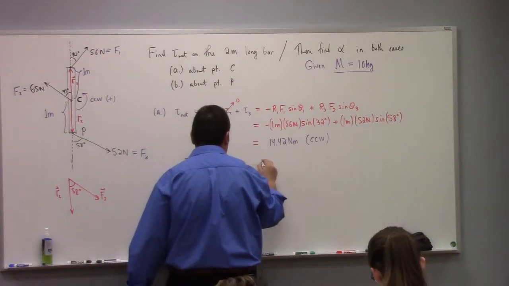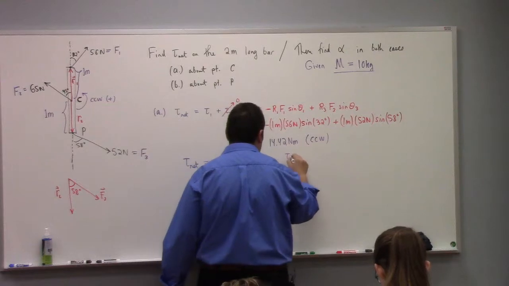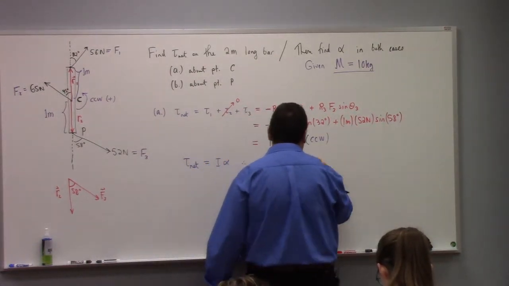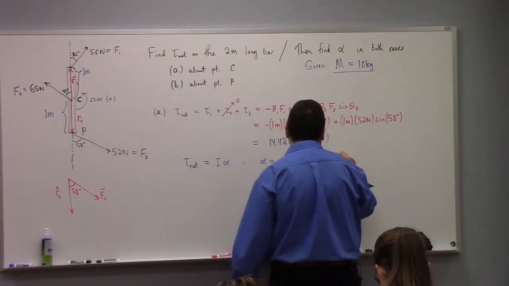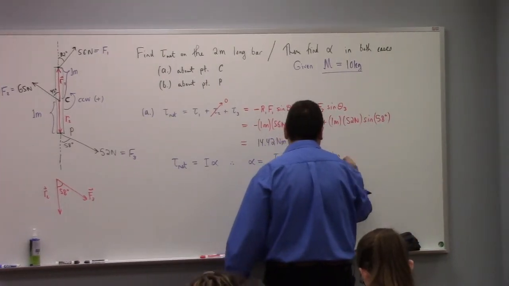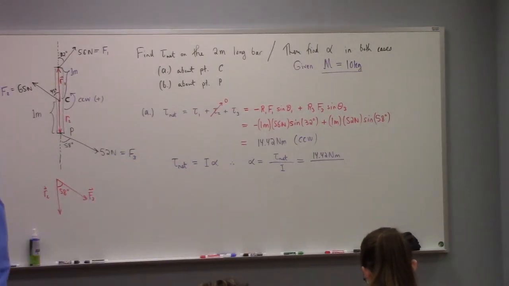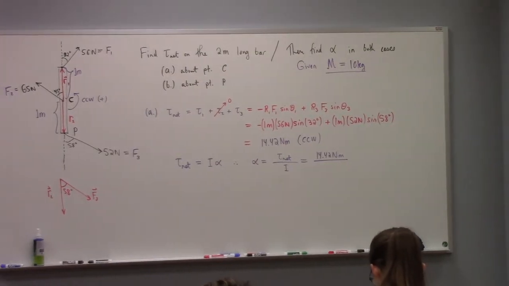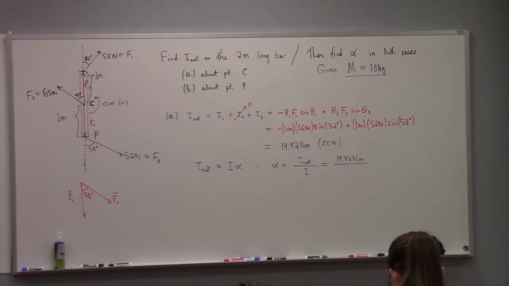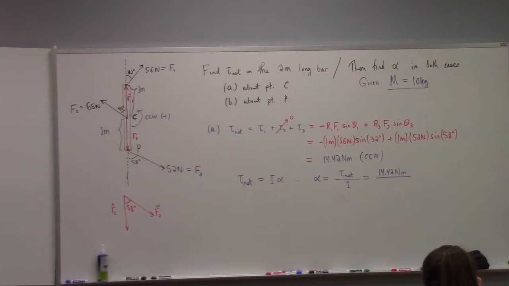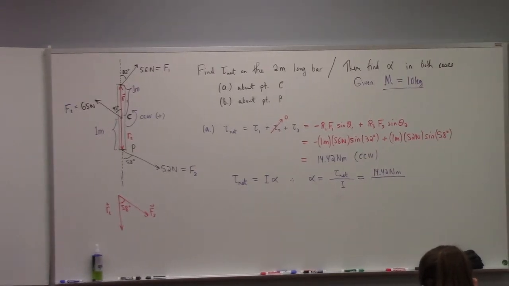Therefore, alpha is equal to the net torque divided by the moment of inertia, with 14.42 newton meters. And what's the moment of inertia here? There's actually a big difference between the case C and the case P. The moment of inertia about C: we're rotating a rod about its center point, which is 1/12 mL squared, yeah?